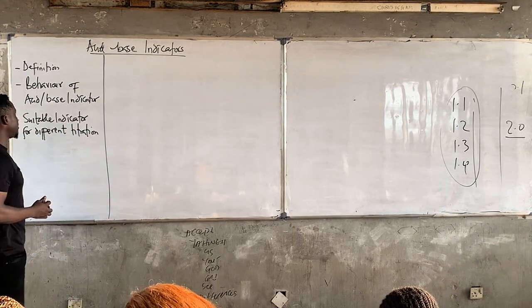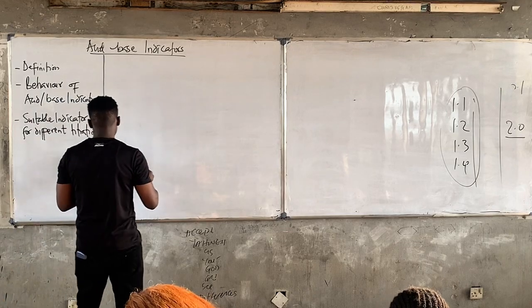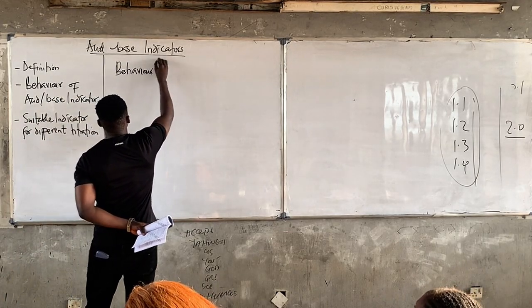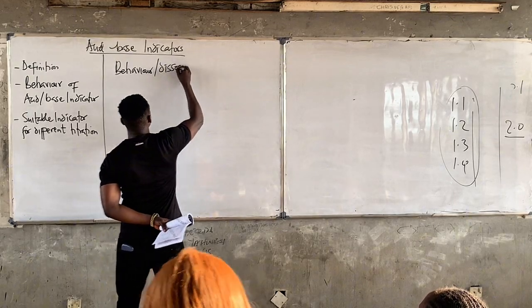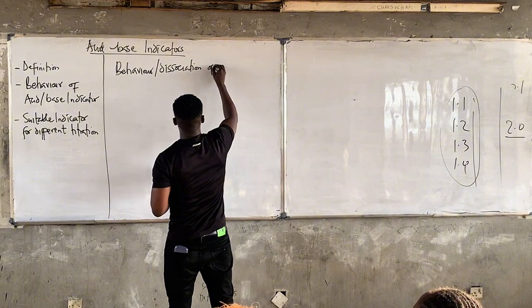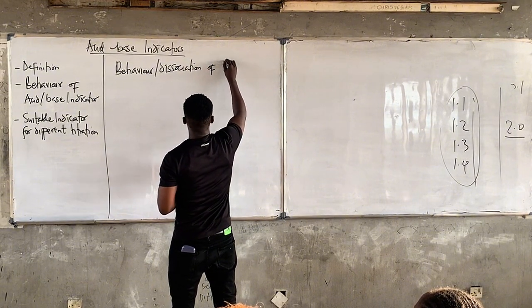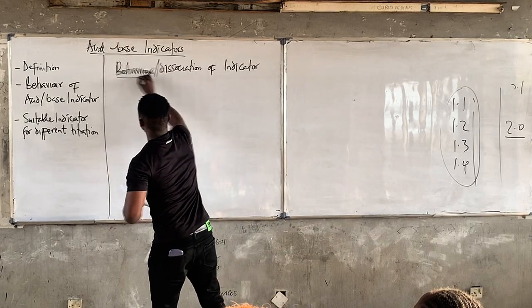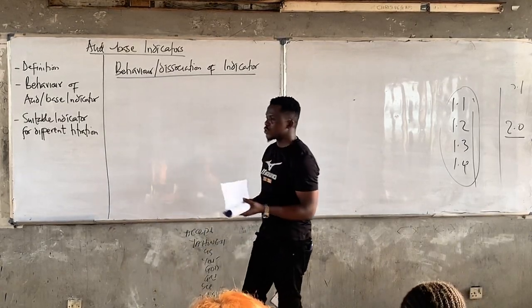Now let's look at the behavior or dissociation of indicators. The behavior is also known as dissociation.